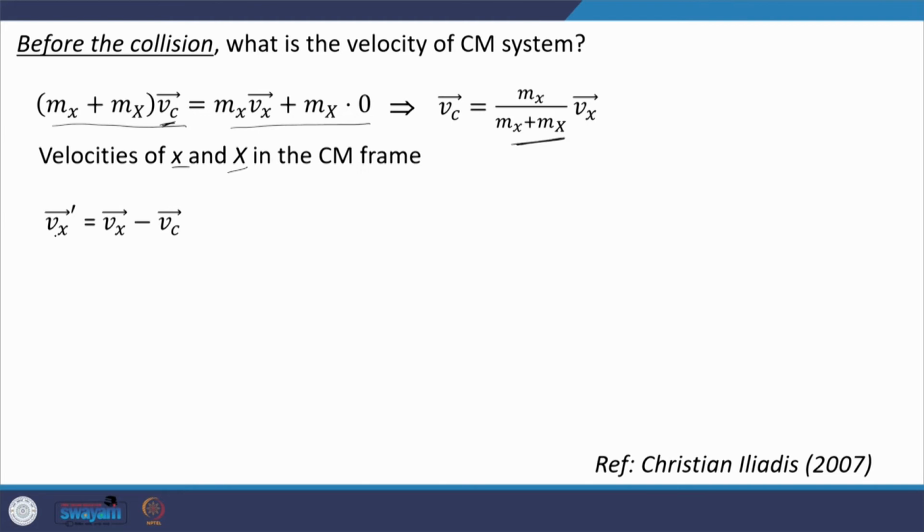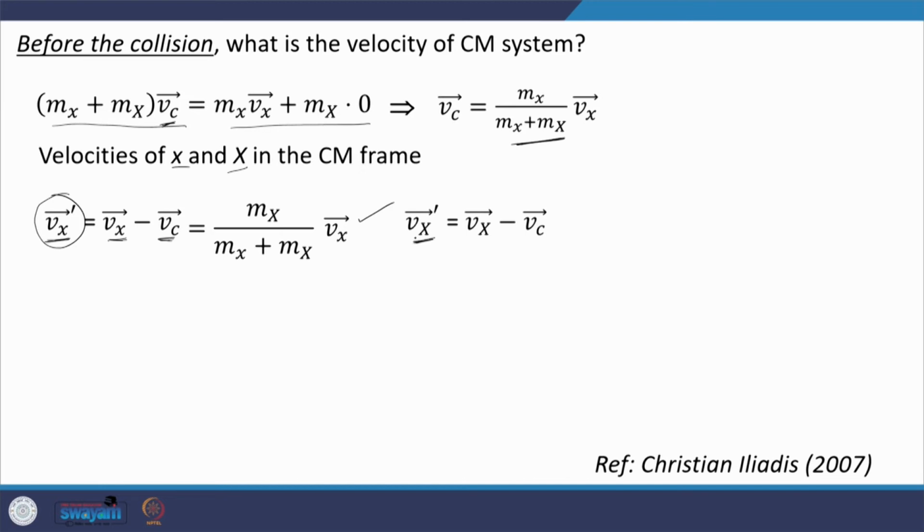Here it is given by the difference of the projectile velocity and the center of mass velocity, which is the velocity with which the projectile is moving in the center of mass frame, and in terms of masses we can use this relation.